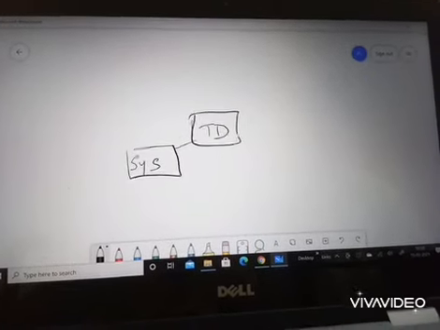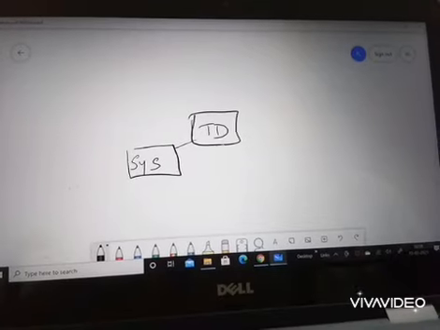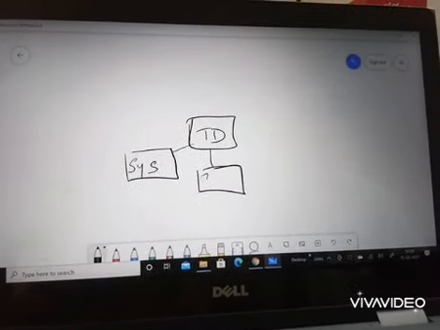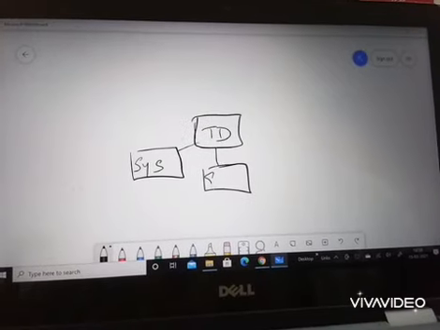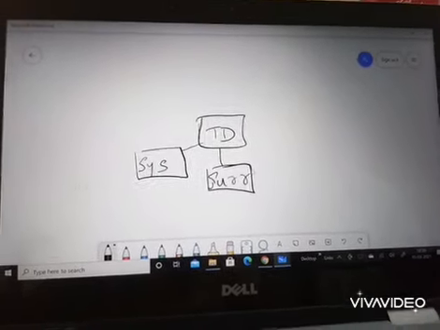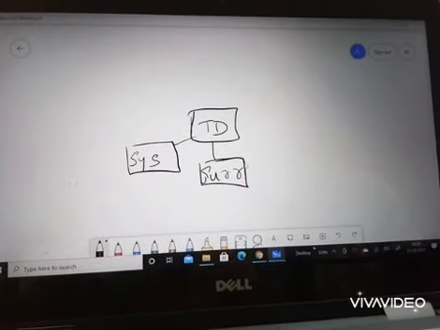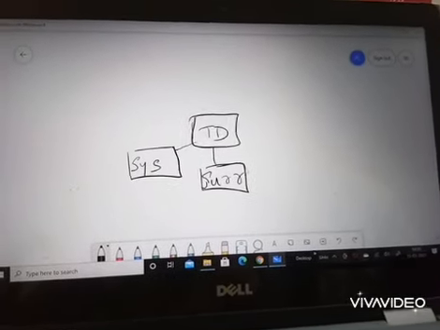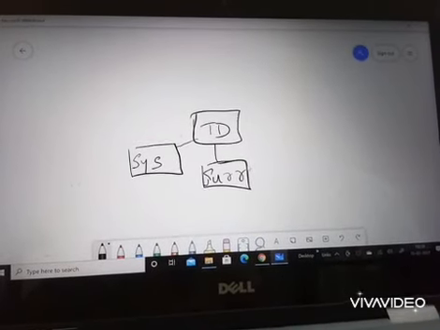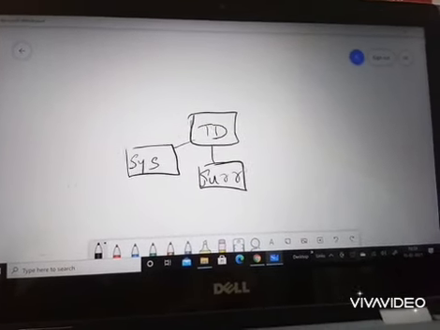So whenever you have a system, you will have surroundings. So I will write it as SURR. So whenever you have a subject of interest system, it is going to be surrounded by its environment, which is the surroundings.